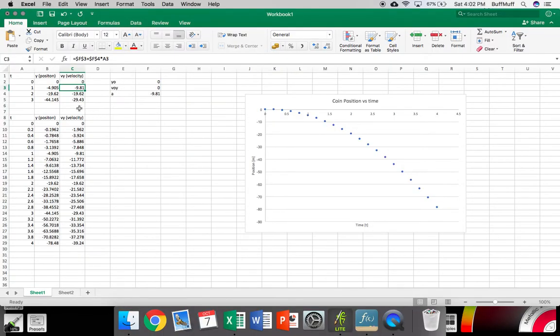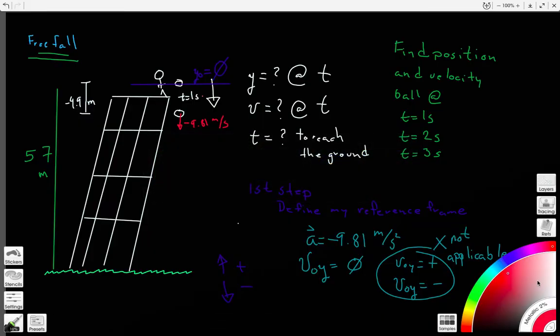Now, I calculated it for 2 seconds. At 2 seconds, my projectile is at negative 19.6. So at 2 seconds, it traveled from 0 to negative, so let's see, somewhere around here.